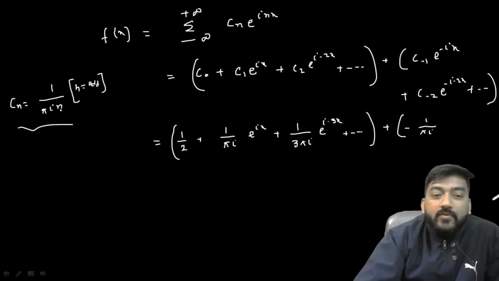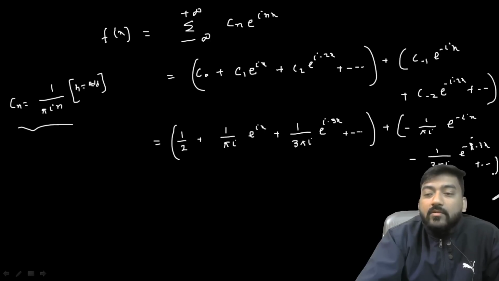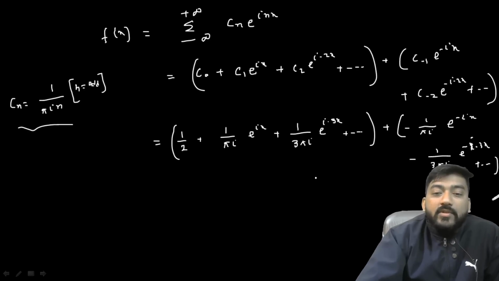If you put n equal to minus 1, you will get minus 1 upon pi i e to the power minus ix, and for minus 2 it will be 0. Then minus 1 upon 3 pi i e to the power minus i into 3x, plus dot dot. Okay, so this will be your series.